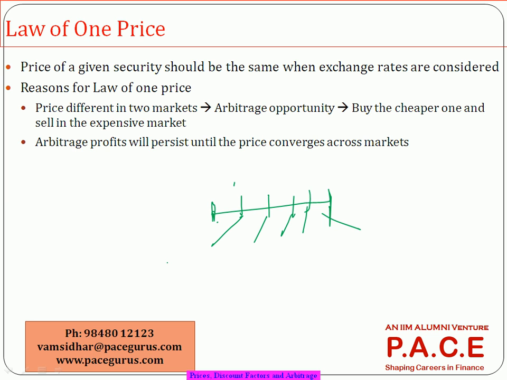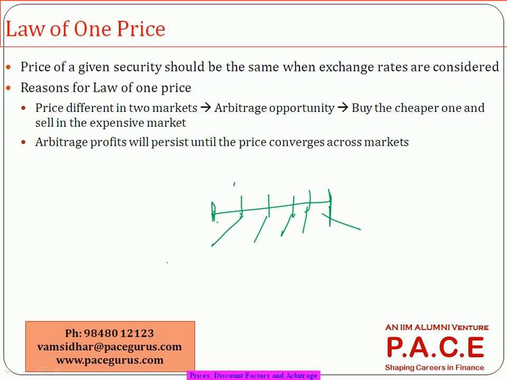And that is where we are saying, if there are two different prices for the same kind of instrument, for the same level of risk, for the same level of future payments, everything remaining the same. As simple as, let's say, the same share on NSE and BSE is available at two different prices.